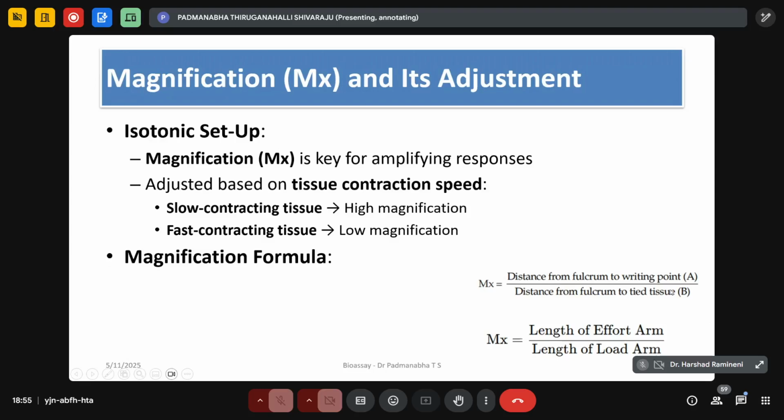The effort arm is the writing point where the stylus is in contact with the kymogram, and the tied tissue is at the end where the inner organ bath holds the tissue. That is the load arm.